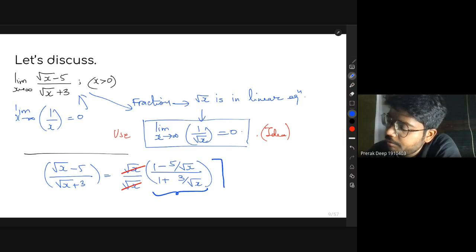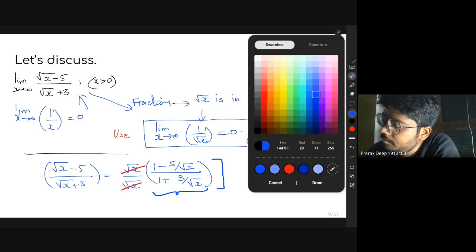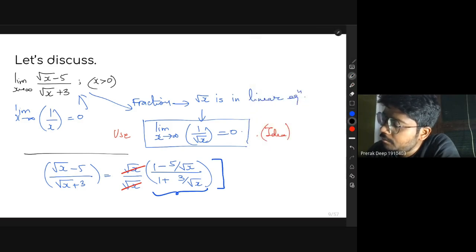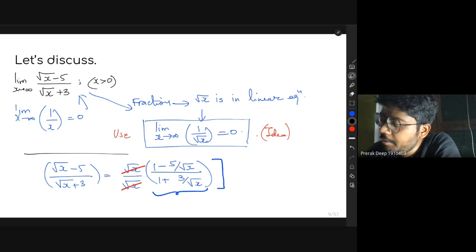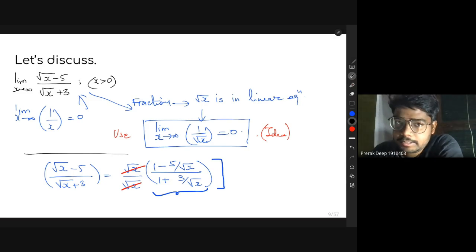Now the limit of this function will exist if the limit of the numerator exists and the limit of the denominator exists.